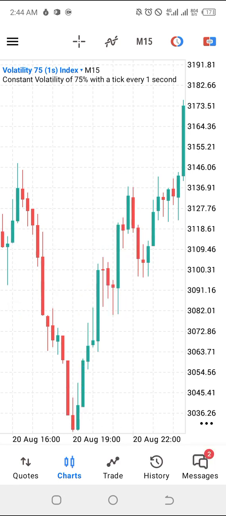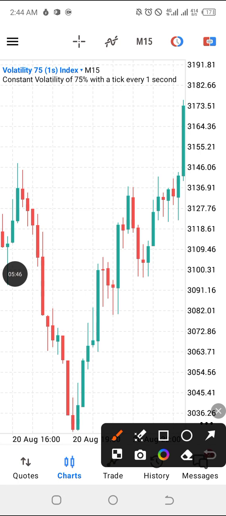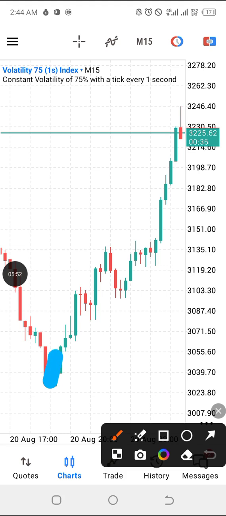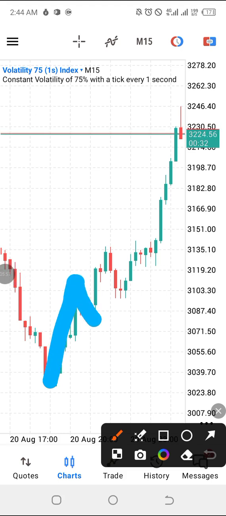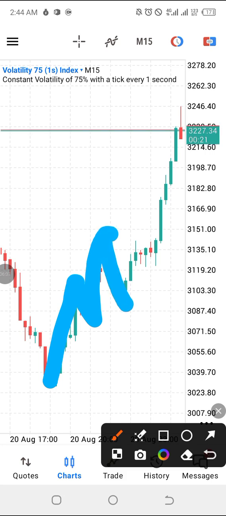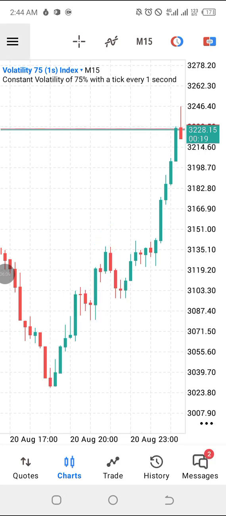See, at any point it retraces is a swing point. So look at, higher high, swing points, it retraces, higher low, swing points, higher high, higher low.